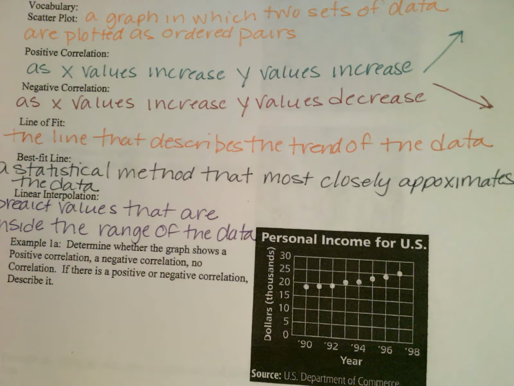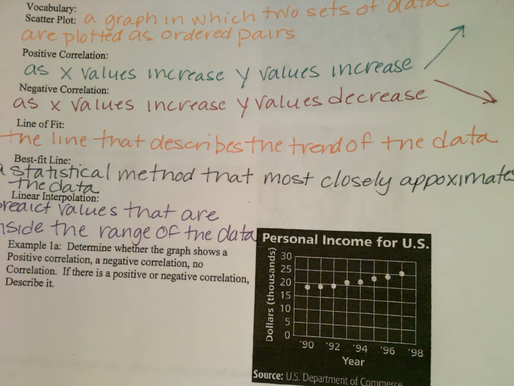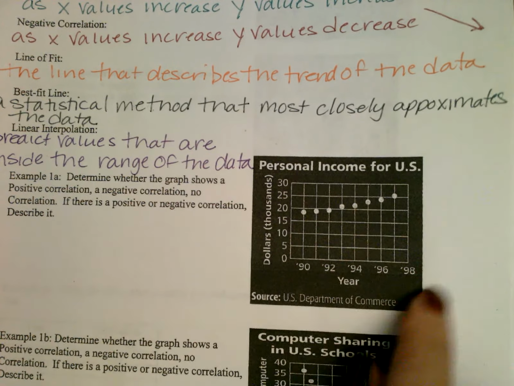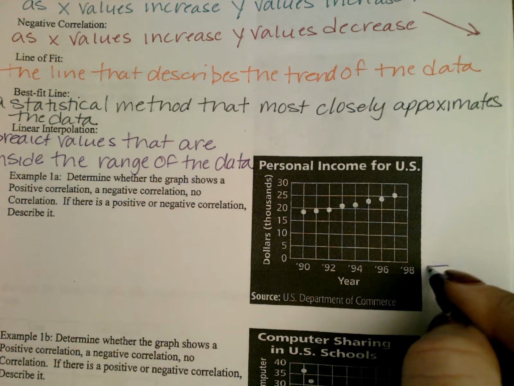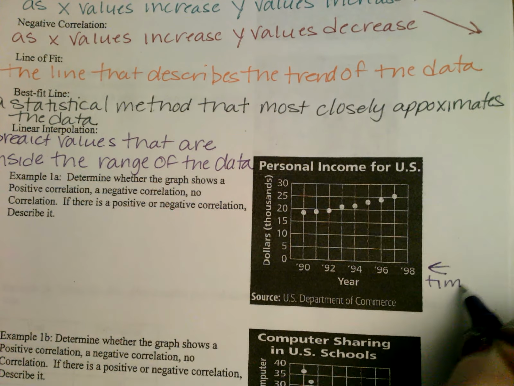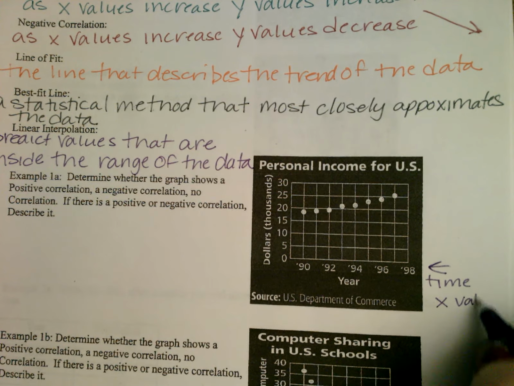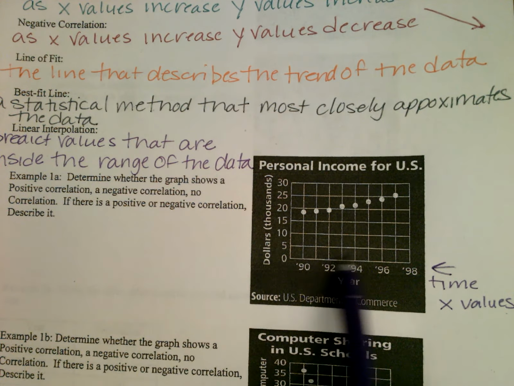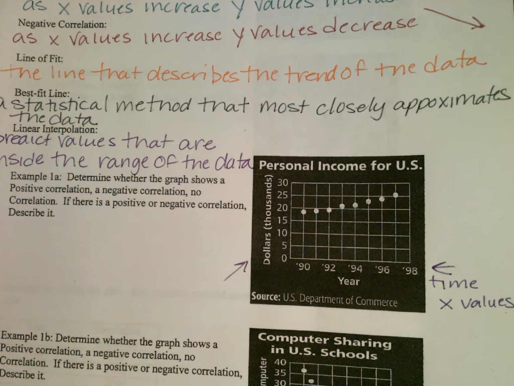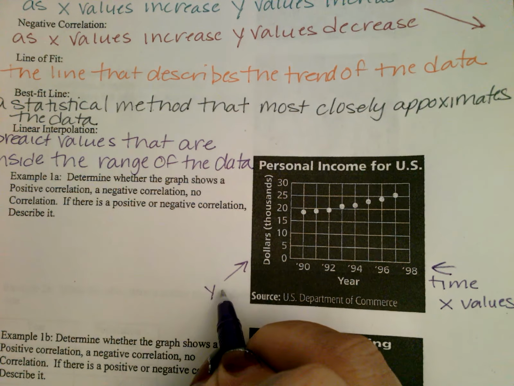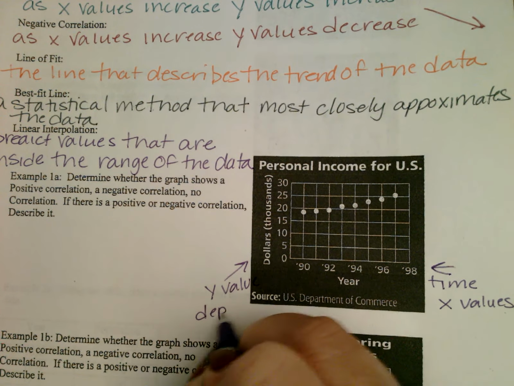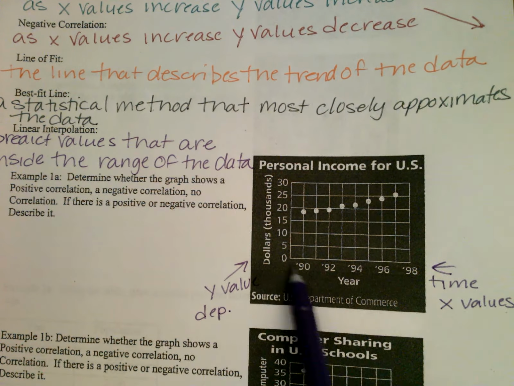So let's look here. We have a graph that talks about personal income for the US. Remember here, time, the independent variable, is your x values. X values are always found on the horizontal. In this case, we have our y values. They are the dependent variable.